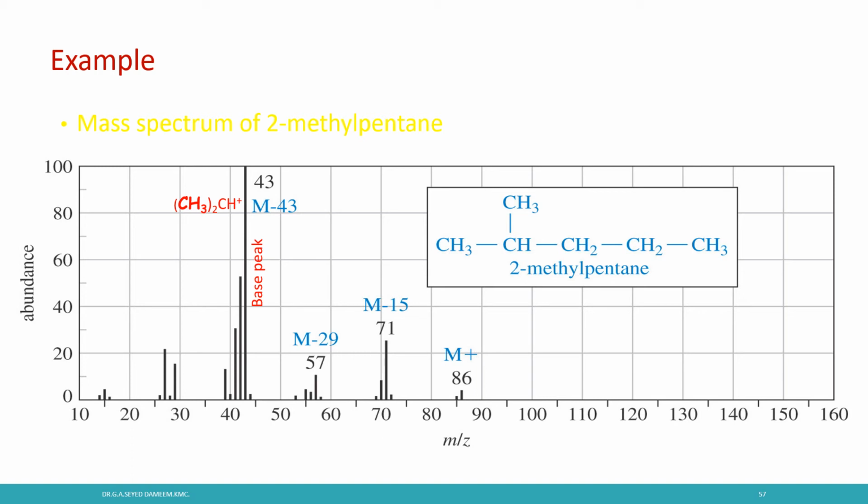That ion is the isopropyl cation, which has greater stability, and it gives the base peak at m/z 43. The peak at m/z 86 is the molecular ion peak, and the remaining peaks are daughter ion peaks.